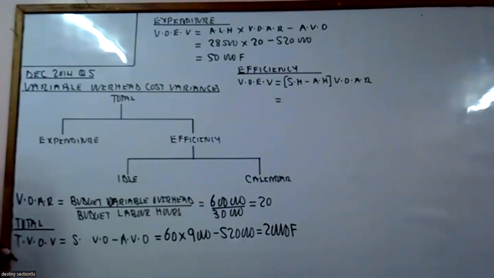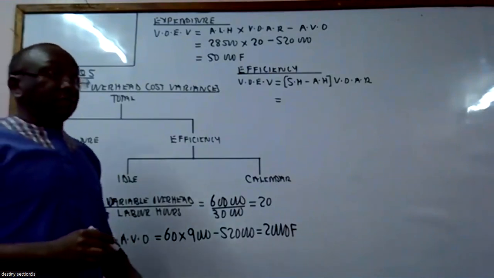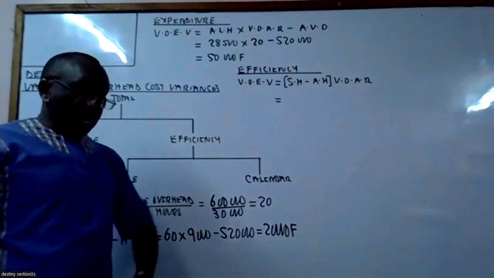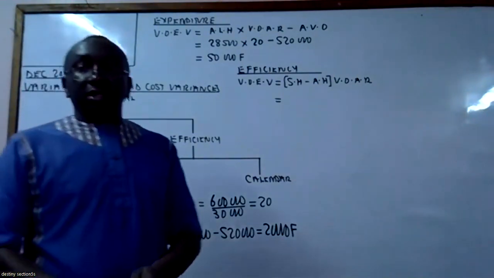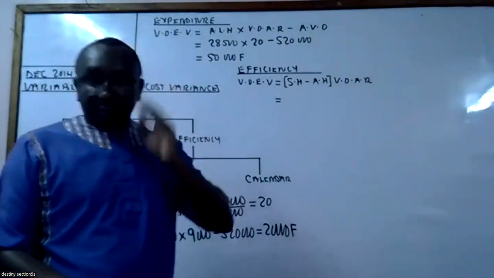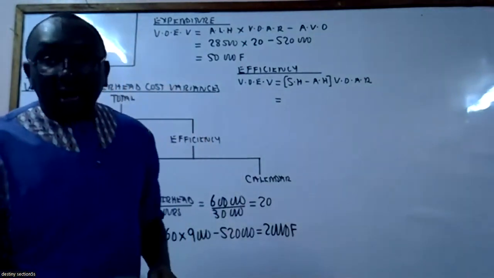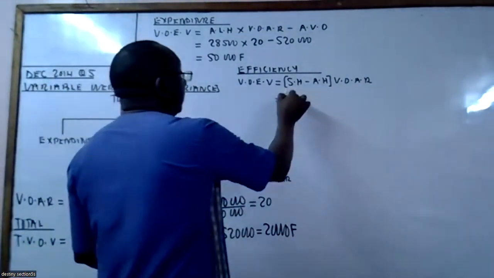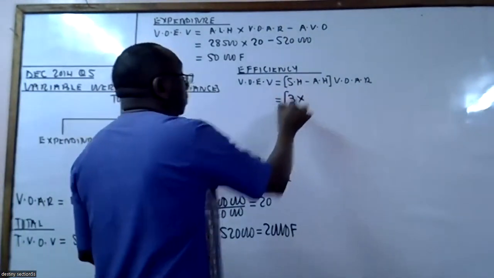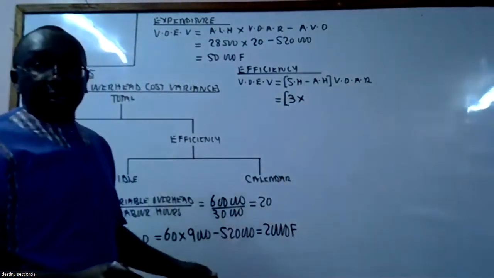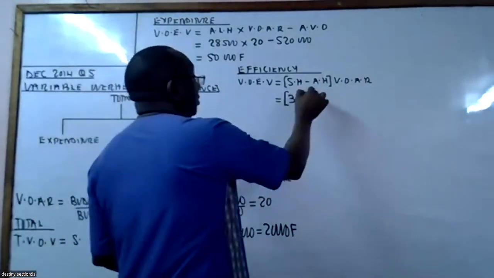So how do you get the standard hours? We have been saying you get the hours that were supposed to be spent on one unit, and these are 3 hours. So it is 3 multiplied by the actual output. The actual output was 9,000.